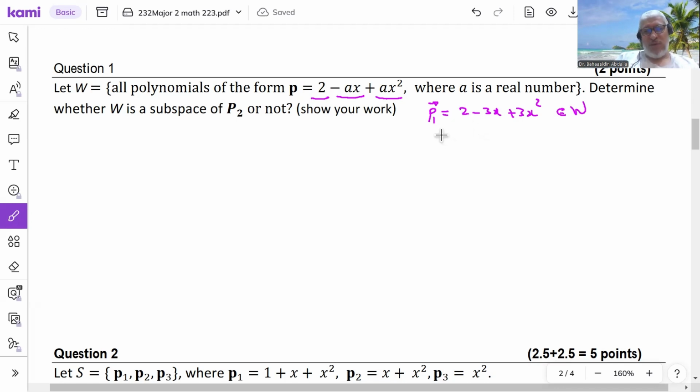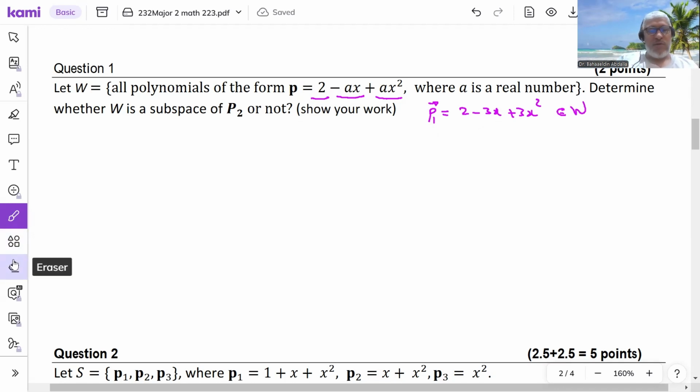So it will not be in W. Also, multiplying by a constant, by a scalar, will not keep it in W. So you can prove this fact, that W is not a subspace of P2. You can prove it in 3 different ways, if you like.